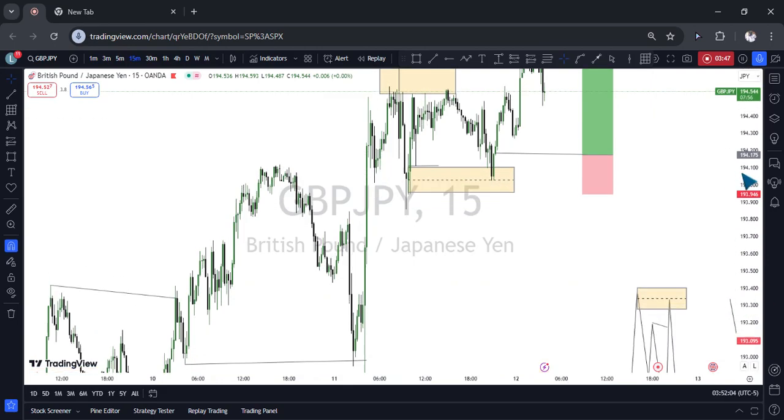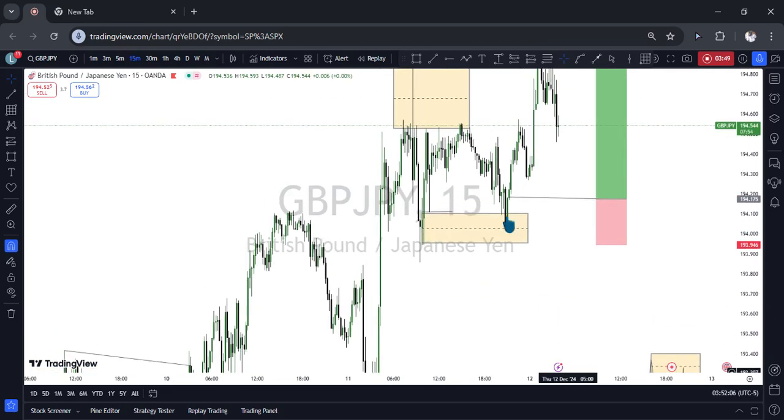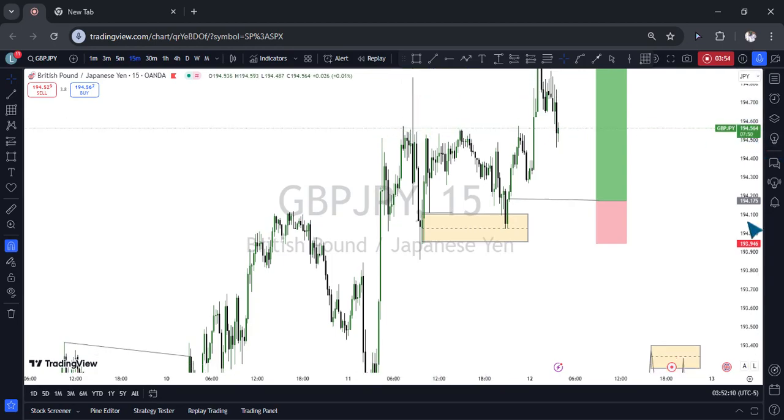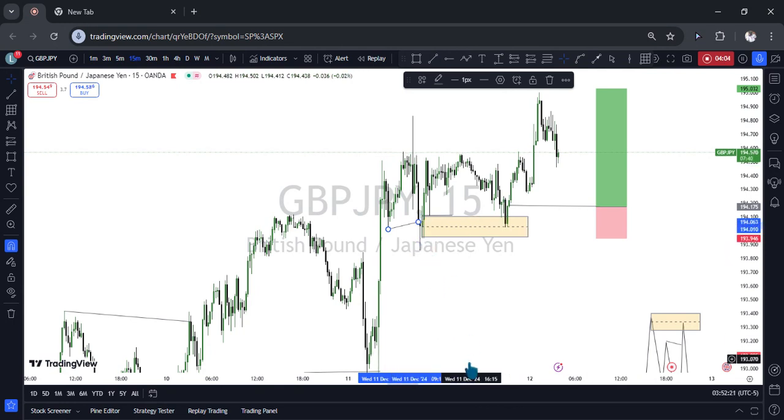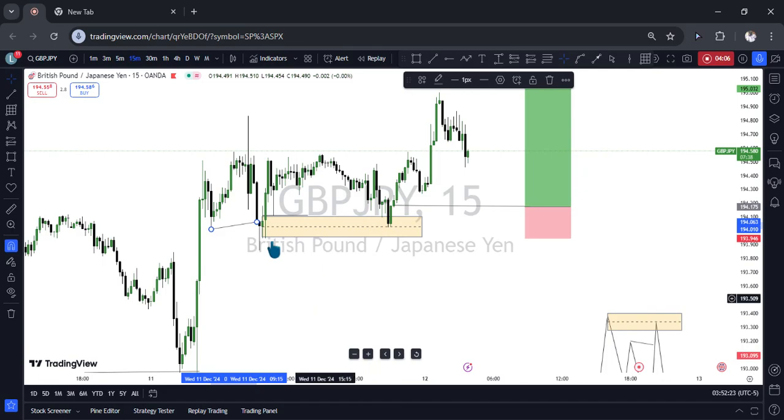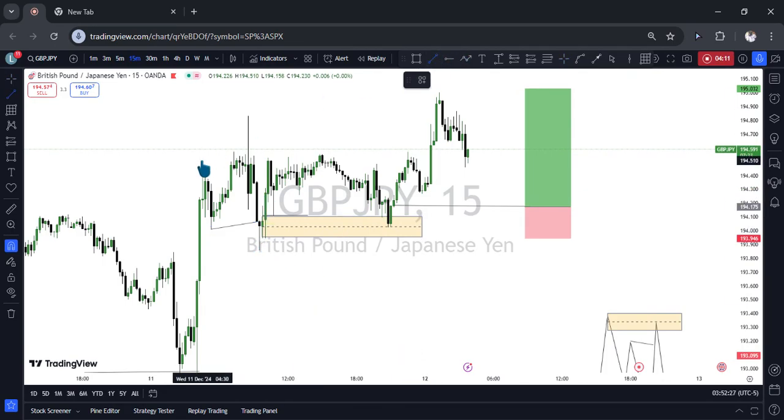Now another one happened, I think during the Asia session, right? So there is a sweep around this low, making this one a strong low, or a protected low, meaning the market might not likely break this low, right?